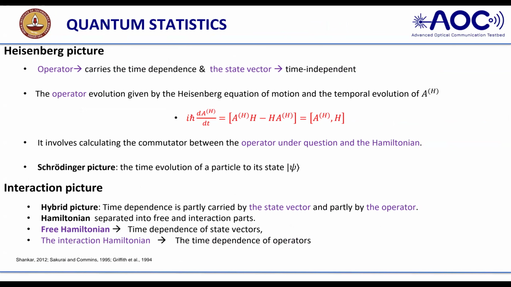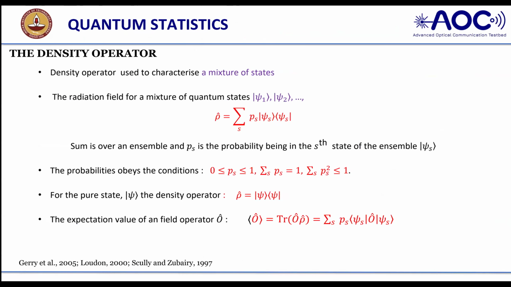But then the interaction picture is nothing but a hybrid of the Schrodinger picture as well as the Heisenberg picture. Here partially the state vector and operator will both keep the information, and as well as the state, like if you have an eigenstate, that will also keep the information. I will see more on that.